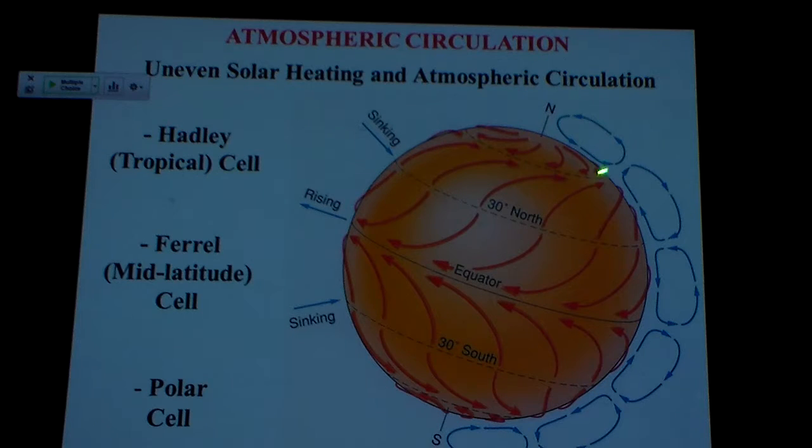Notice I've got a counterclockwise rotating cell here at the pole, but I'm at the other end of it, where the air is rising. So now, as this air rises at the 60th parallel, it pulls a little of this air from south of there, and it rises. So it's basically kicked off a cell in between these two counterclockwise rotating cells, rotating in the opposite direction, clockwise.